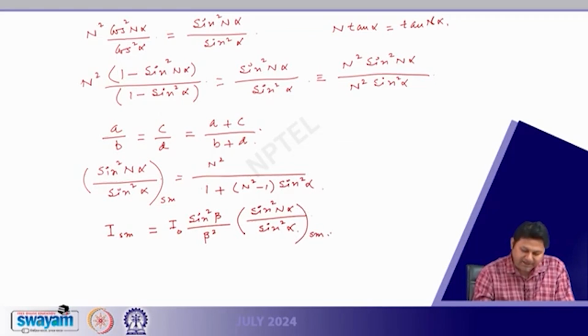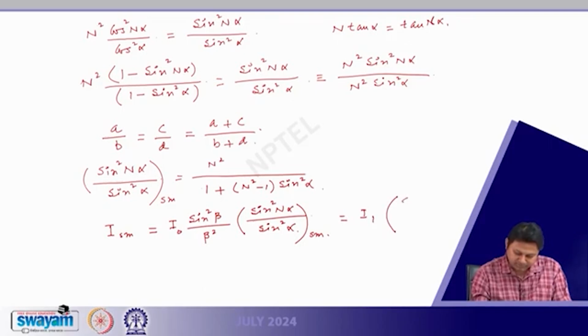So, this quantity we calculated here. This is equal to something called I1, and that sin square n alpha whole divided by sin square alpha for the secondary maxima.